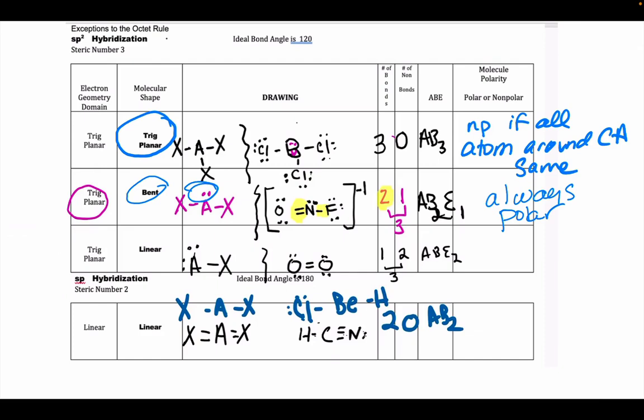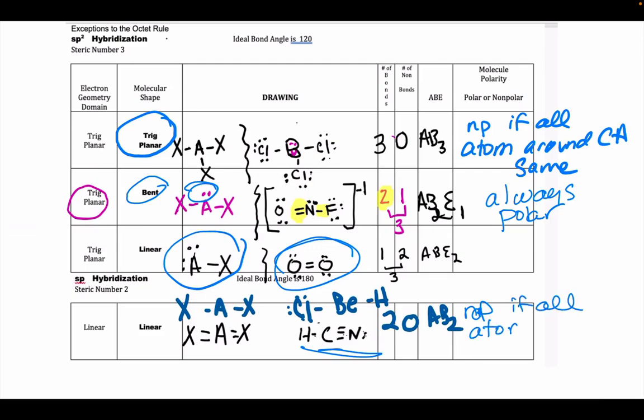And then again, a linear, like this one, if the elements are the same, they'll be nonpolar, but if they're not, then they're polar. So here we have those linears. So this one, again, is nonpolar if all the atoms on the central atom are the same.